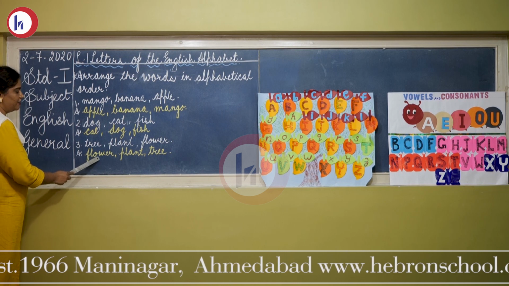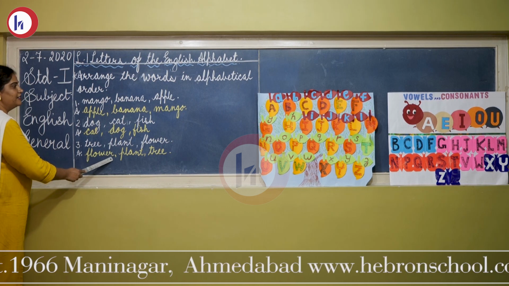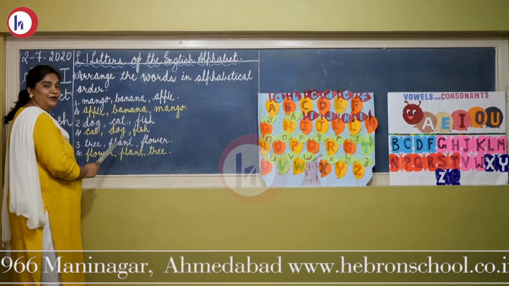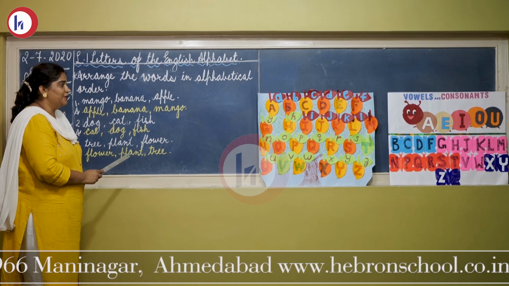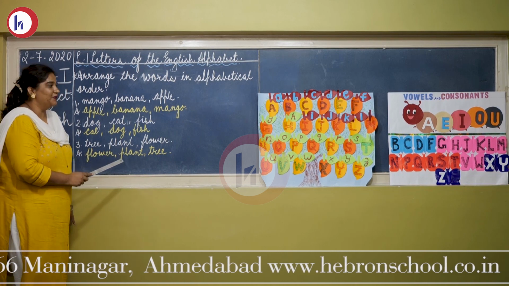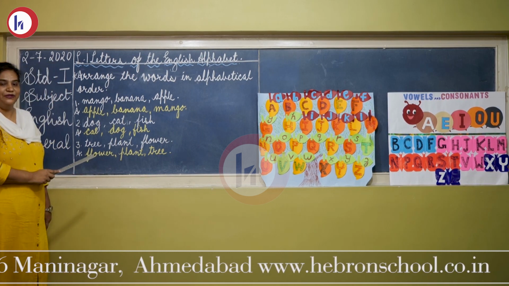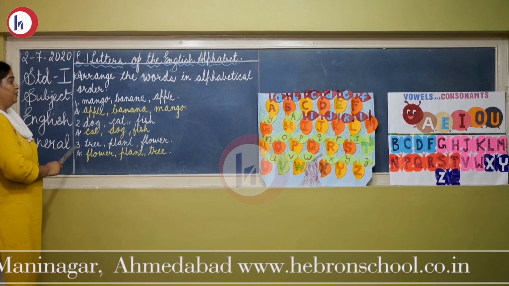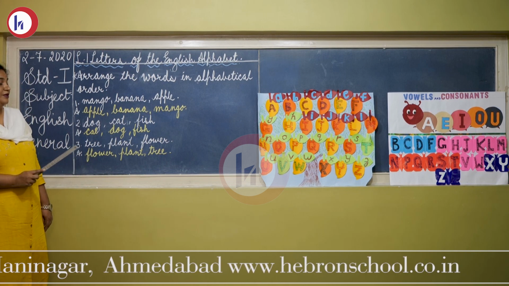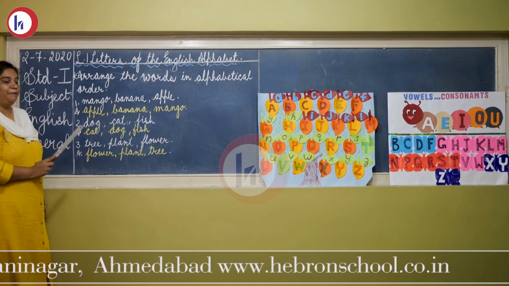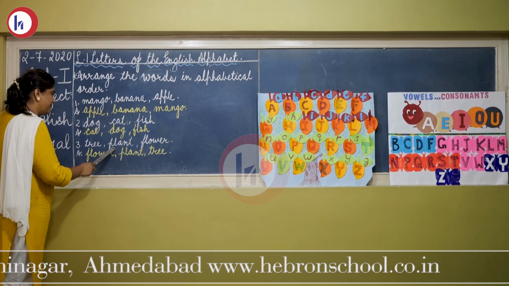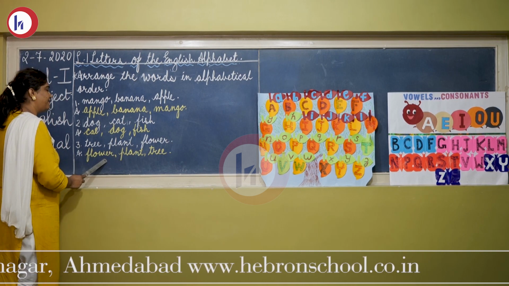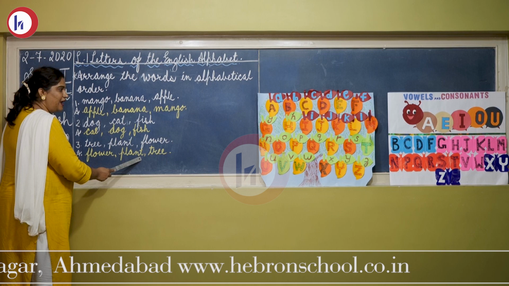Then G? No. H? No. I? No. J? No. K? No. L? No. M? No. N? No. O? No. P? Oh yes, we have that word. P-L-A-N-T, plant. So here we will write after the flower, P-L-A-N-T, plant.